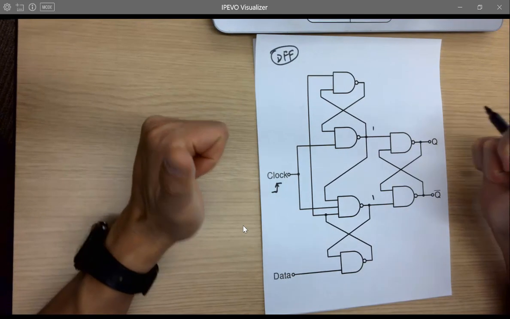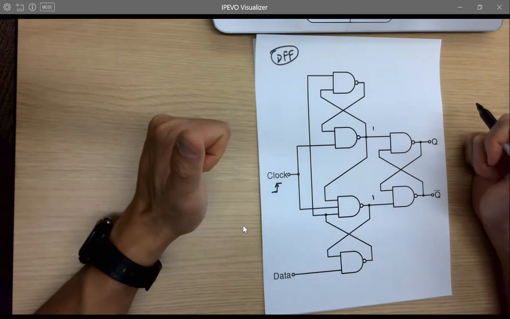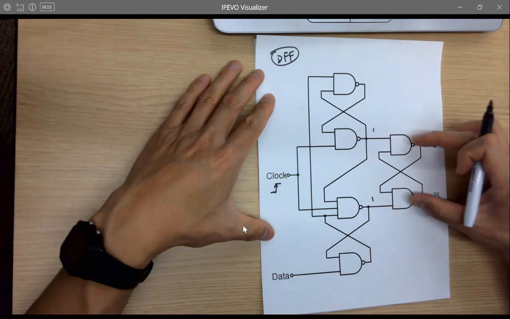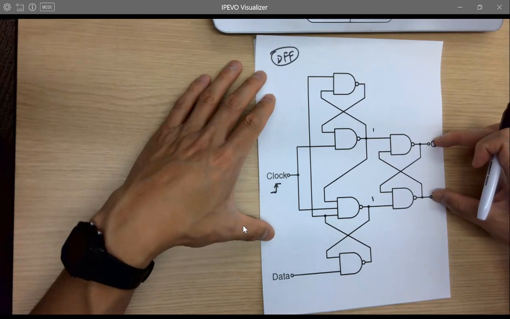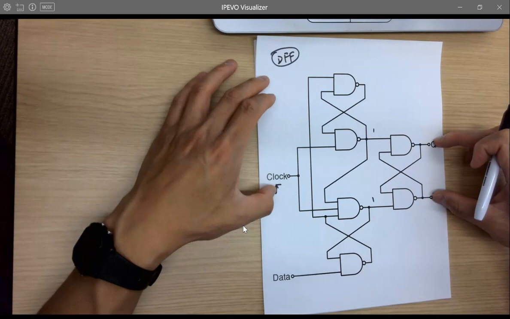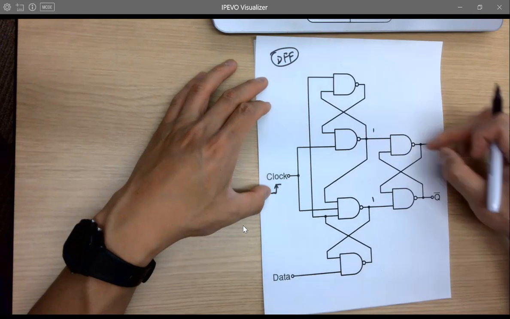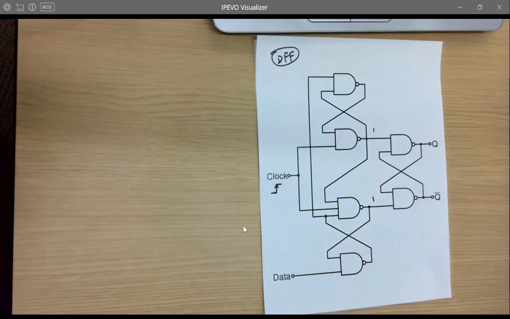Keep in mind, first step, very first step every time. When clock is 0, you got 2 ones. So 2 ones is keeping this SR latch in the memory state, which is good because I don't want to change anything. When the clock is 0, it's not using the D flip-flop, it's not transmitting any signal to Q, right? I do want it to be a memory at that point.